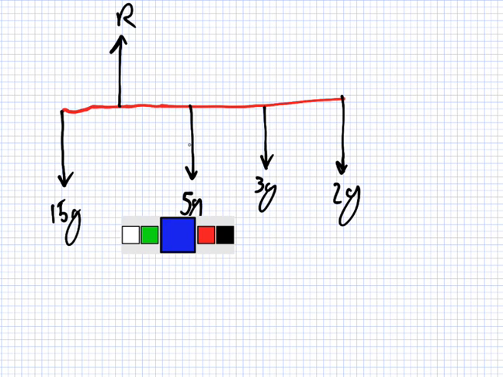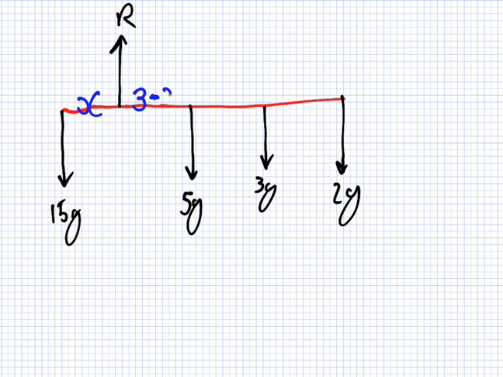And then this distance here is x. Then this distance here will be 3 minus x. And this distance here is 2, and then this distance here is 1. Each of those distances.